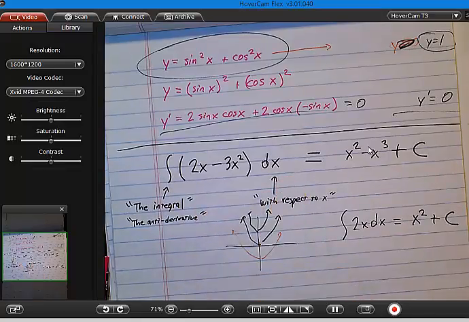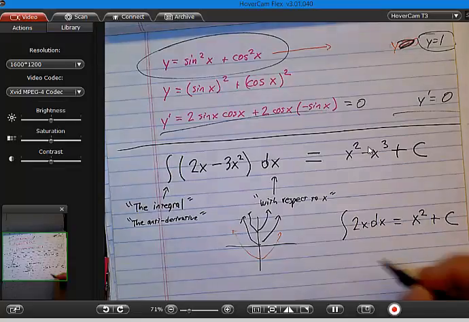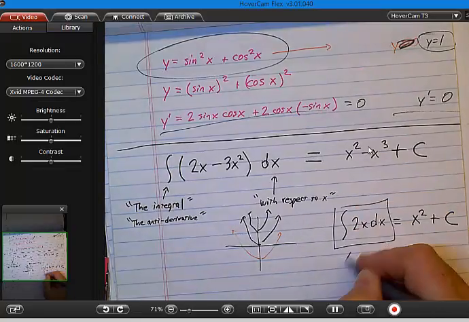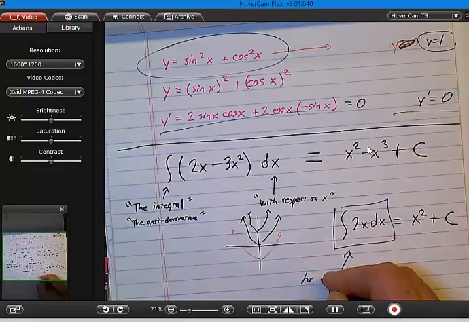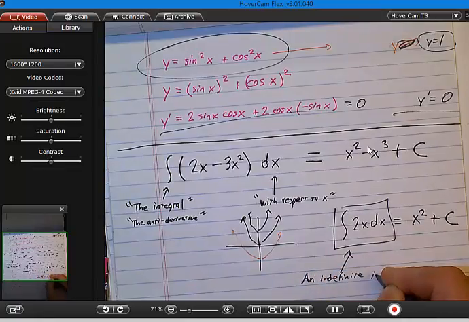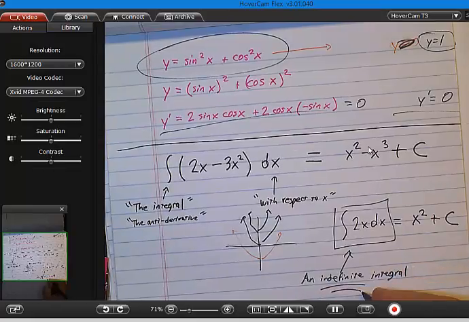Again, I wrote this on the screen earlier, but this kind of problem is called an indefinite integral. And the word indefinite makes more sense now when you realize there's infinitely many solutions. Okay?